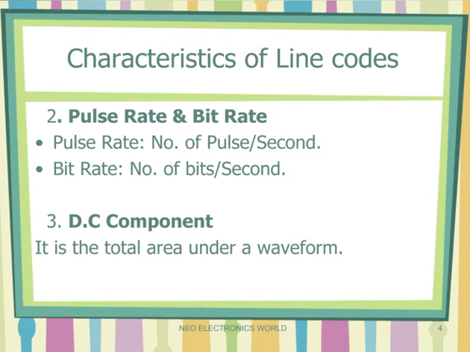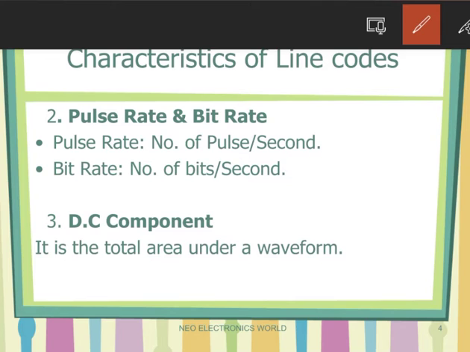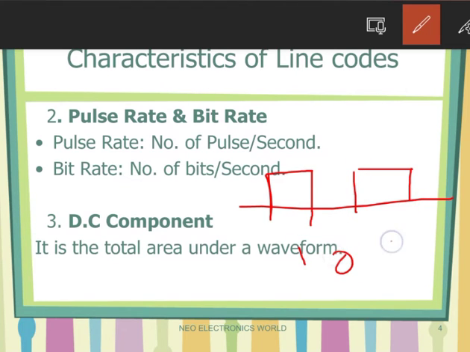In a similar way we can use another example. What is bit rate? Bit rate is the same as that. It is the number of bits present in a particular time duration. This is 1 and this is 1, 0, 1, and this time interval is taken as TB.